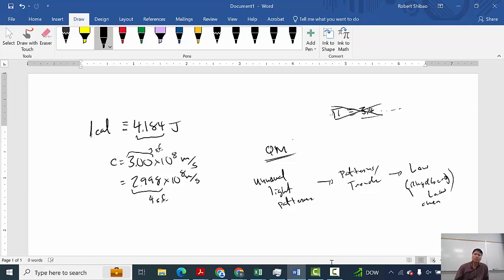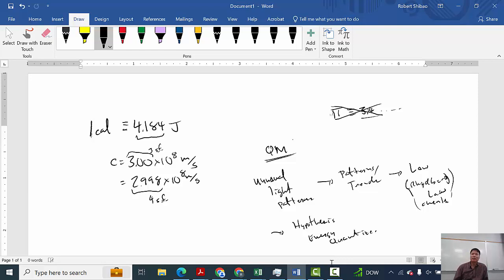Rydberg law fit the patterns and trends. There's one other one too. But the Rydberg law is not in Chem 4. This is Chem 1A. The Rydberg equation, is that right? Rydberg equation, that's what it is. It's a mathematical equation, so we call it an empirical law. Empirical law would be a mathematical equation.